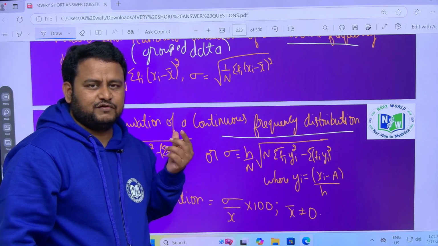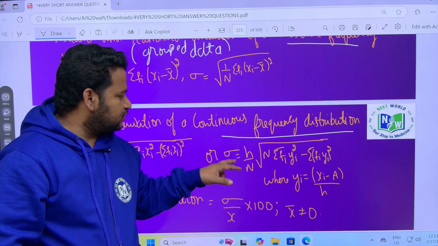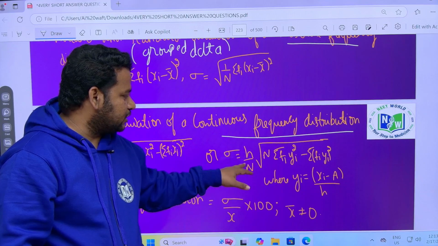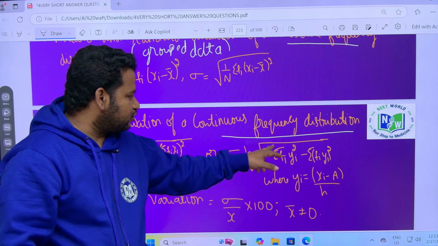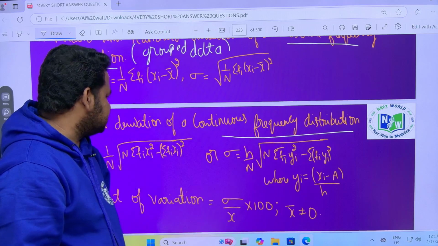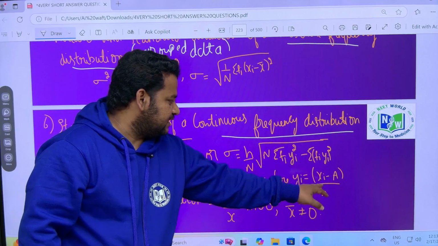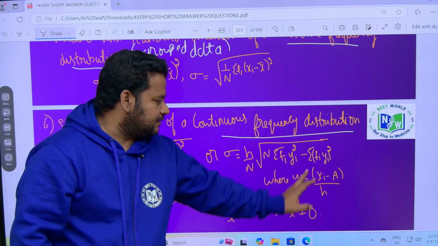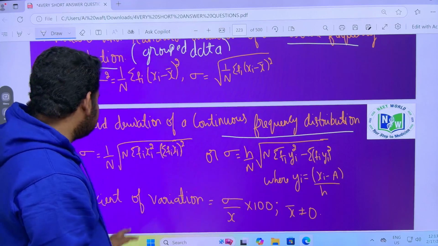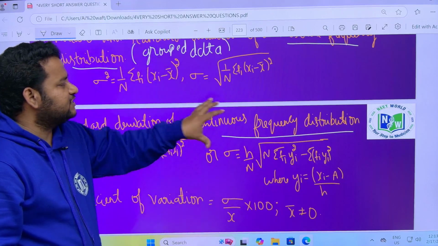So here the difference is 10, so the value of h, that is step value, will be equal to 10. So h by n square root of this one, where yi will be equal to xi minus a by h. Got it, friends? This is how you find standard deviation for continuous frequency distribution.